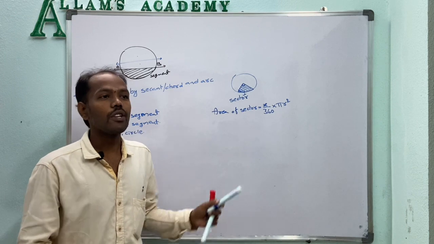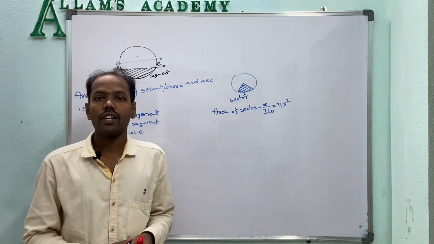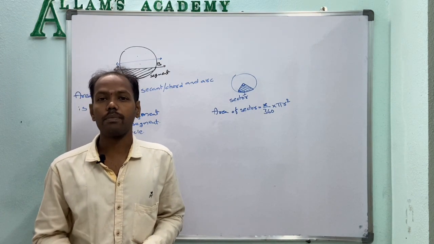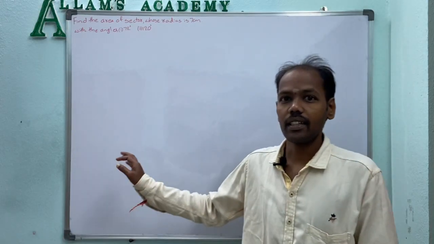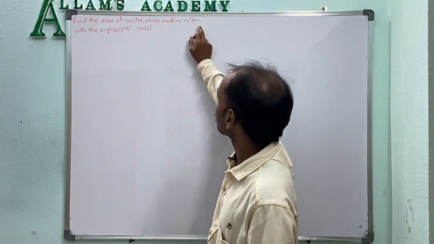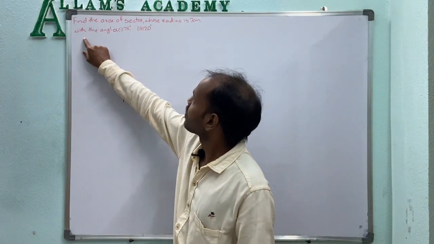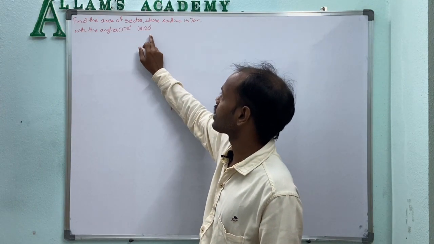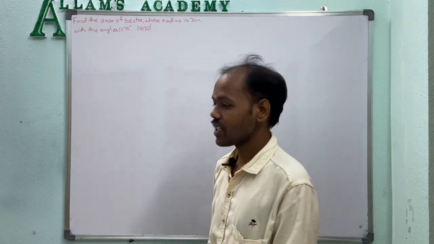so now by using these principles we solve some problems. Here the problem given: find the area of the sector whose radius is 7 centimeters with the angles 72 degrees and 120 degrees.